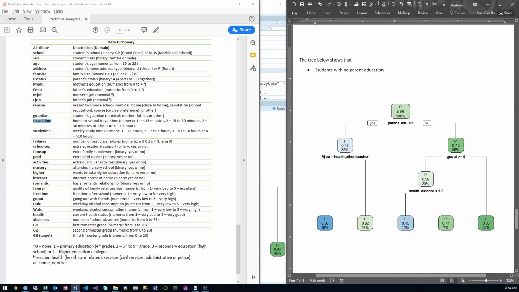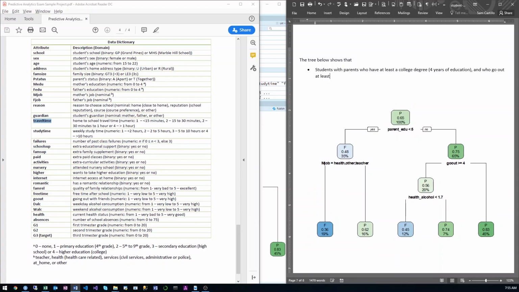So students with parents who have at least a college degree, 4 years of education, greater than 4, and who go out frequently, have the highest pass rate of 45%.